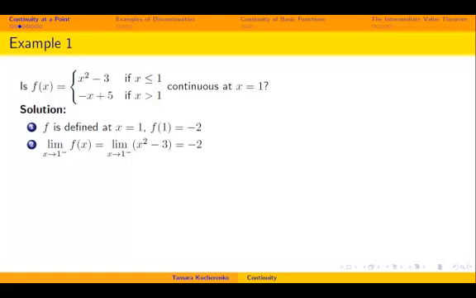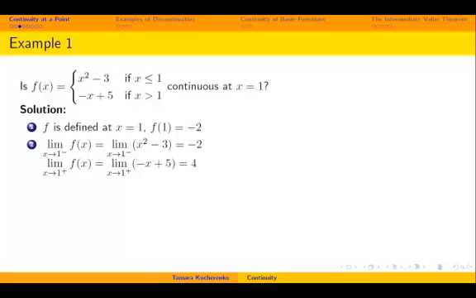Since for x greater than 1, f of x equals negative x plus 5, the limit as x approaches 1 from the right of f of x equals the limit of negative x plus 5 at 1, which equals 4.